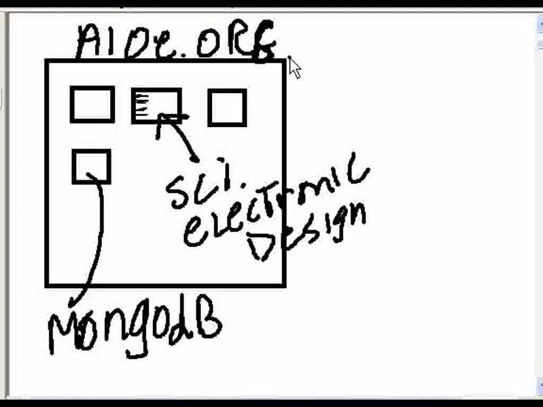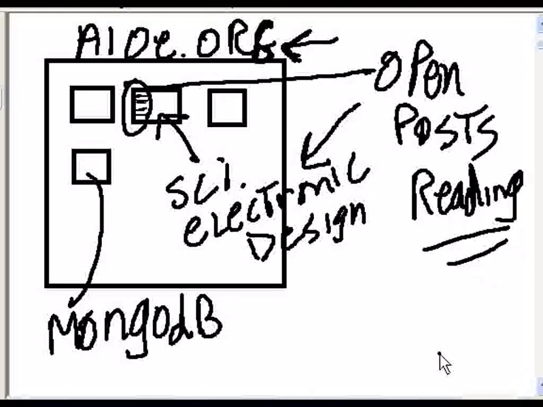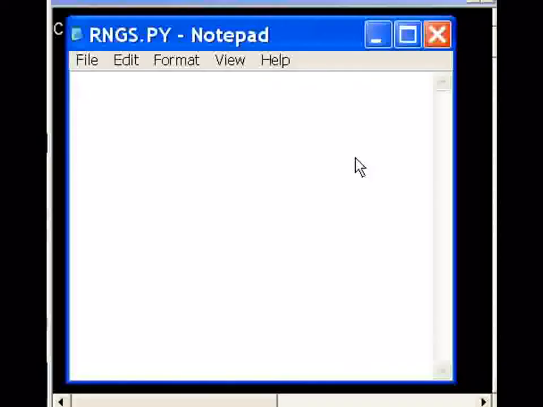So what I want to do is access this server and then access one of these groups, see the list that they have, and maybe open up one of their posts for reading. That's our goal. So let's write our program to see these posts.